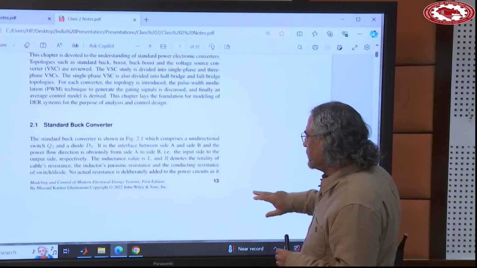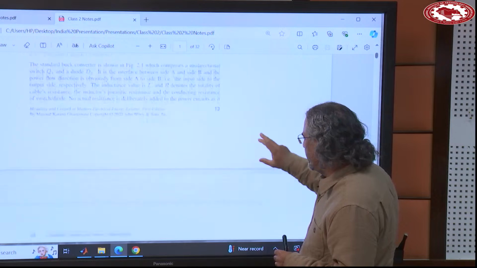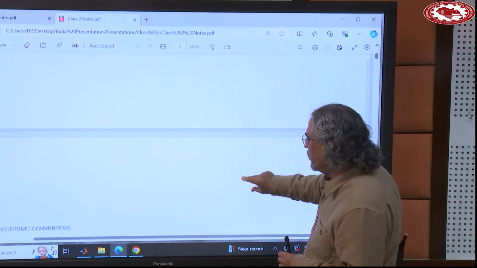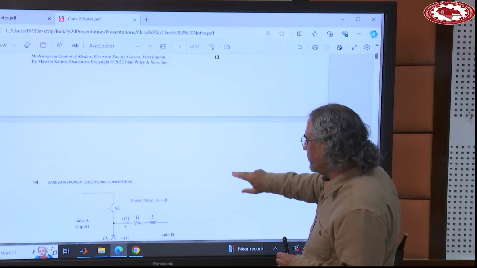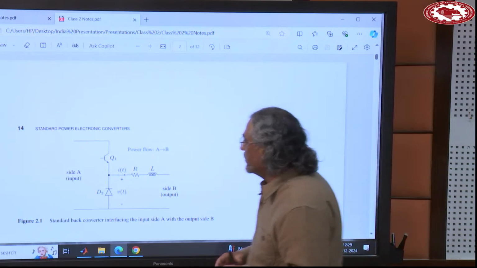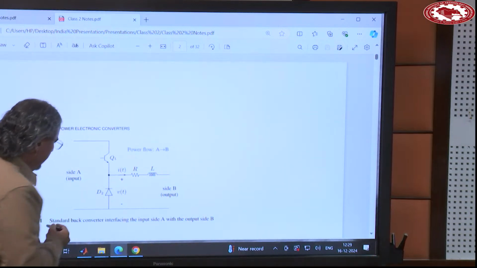The simplest one, which almost every standard course in power electronics starts with, is this one. This is called the standard buck converter.